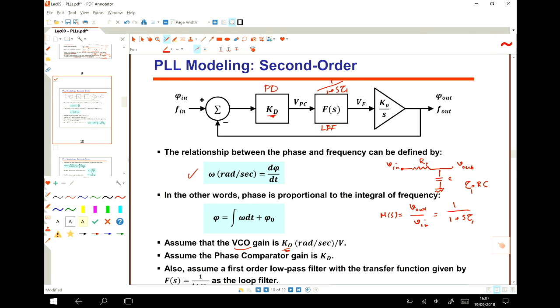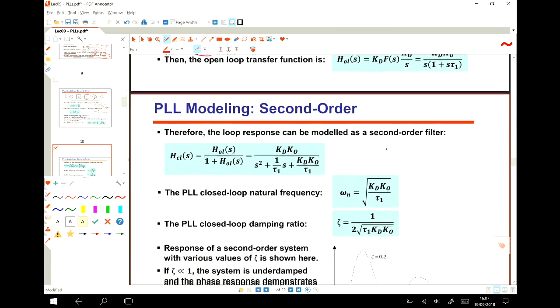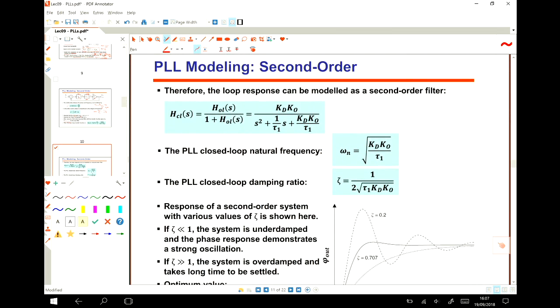And here we also have a VCO. The open loop is coming from here, and then the closed loop transfer function we can calculate as this. So this is the closed loop transfer function of a simple RC circuit inside the PLL.